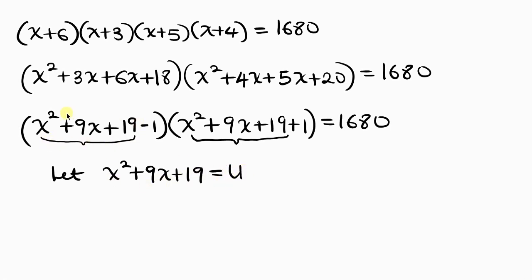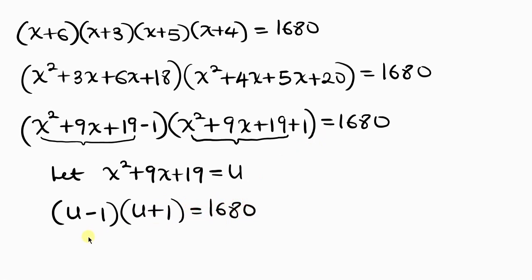So this will be u minus 1 times u plus 1, equal to 1680. Now you notice that this is actually a difference of two squares, which is u squared minus 1 squared. 1 squared is 1.